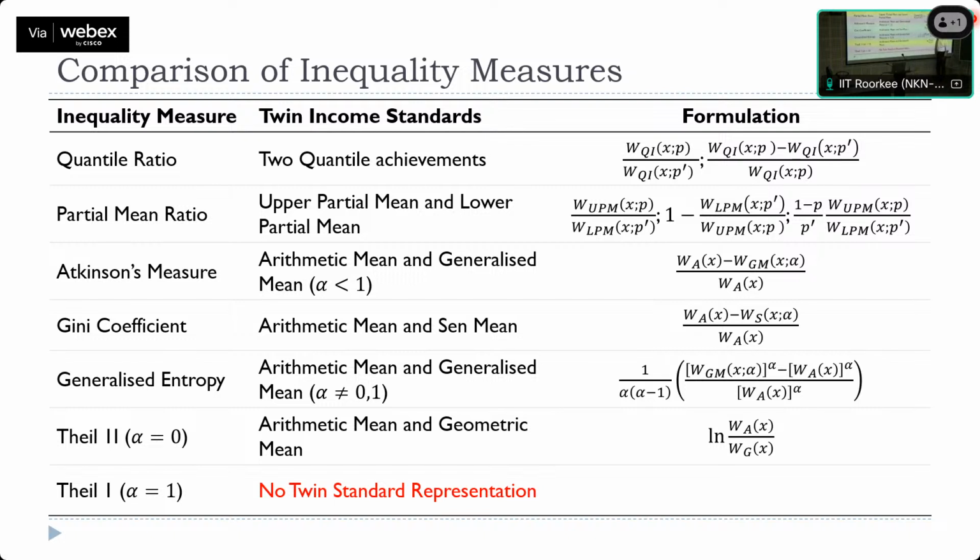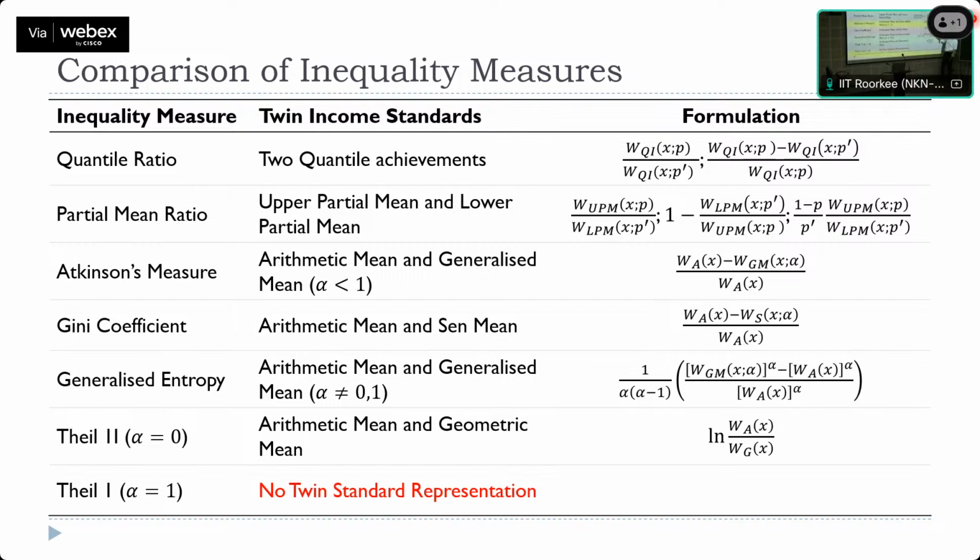It is the average, the mean, minus, say, the geometric mean or harmonic mean, however you choose, divided by the average. That's your Atkinson's measure. What is the Gini coefficient? Sometimes you see a very complicated form of the Gini coefficient. Not to worry. It's the average minus the cell mean divided by the average. This is the Gini coefficient.